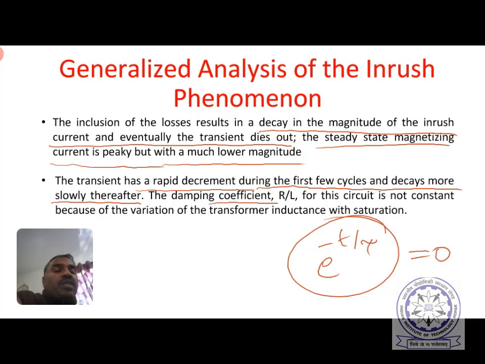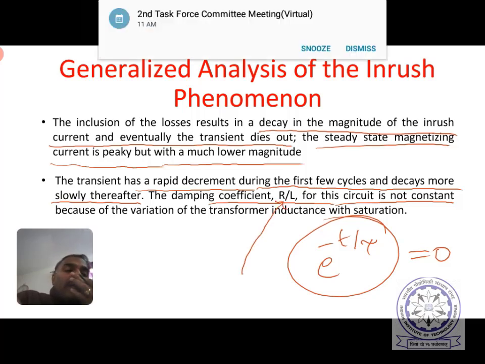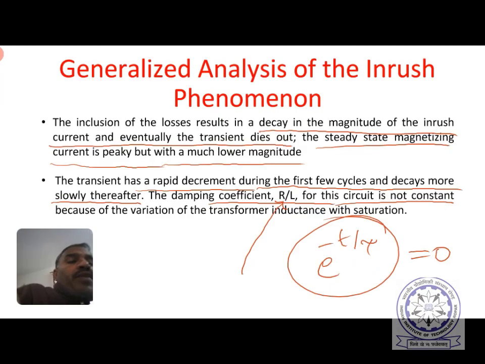The damping factor R by L for this circuit is not constant. This is very important: R by L changes with time. So we have avoided this nonlinearity in our differential equation by simply taking phi instead of I. But the nonlinearity will enter into this tau, meaning tau will change with time again.